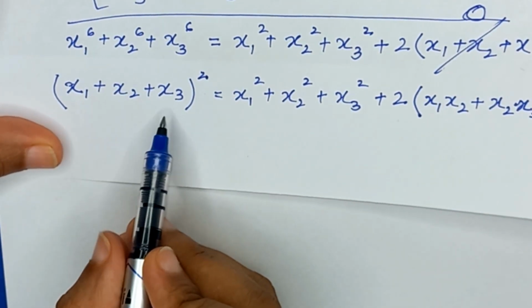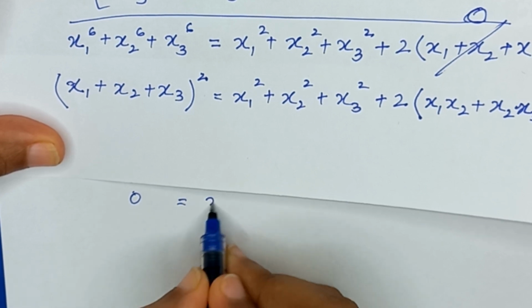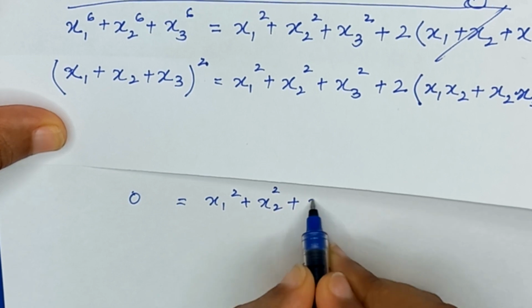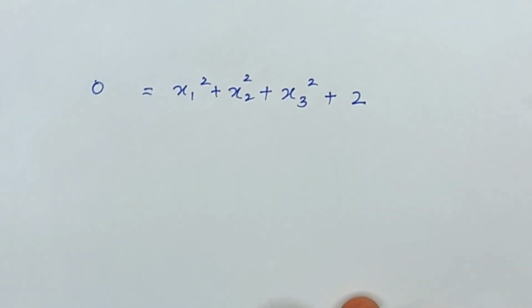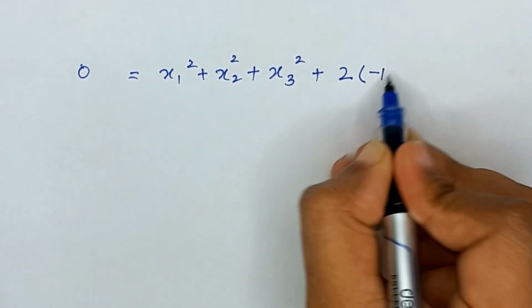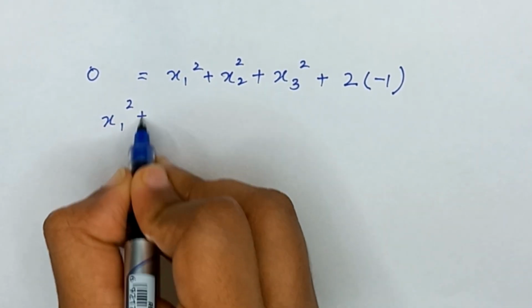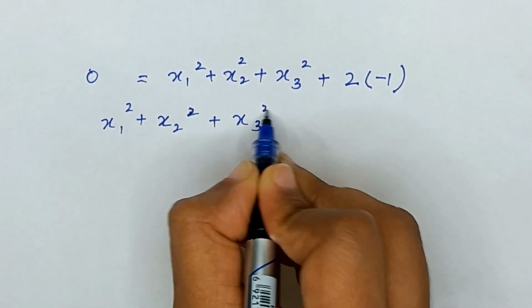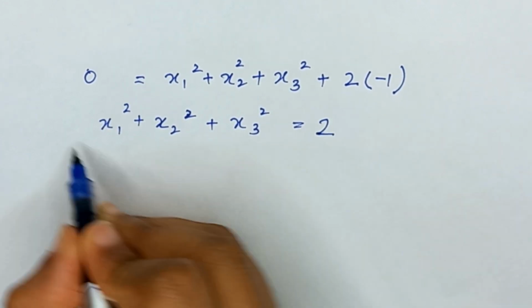So it will be 0 is equal to x1 square plus x2 square plus x3 square plus 2 times negative 1. The value of x1 square plus x2 square plus x3 square will be equal to negative 2 moved to the other side, so it is equal to 2.